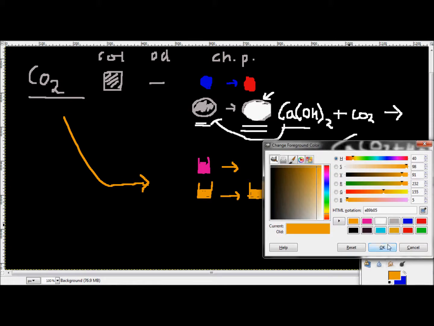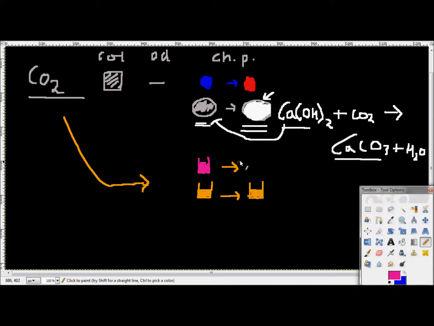And in the other case, KMnO4 will stay like this. The way to remember which one of these is KMnO4, which one is K2Cr2O7, actually I'll tell that when we do SO2, which is the next gas, because it'll be easier then.